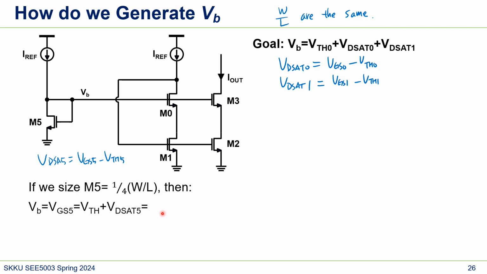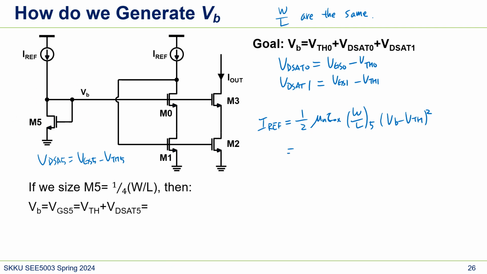And then we want to get this part. We will do some little calculation. So here IREF is 1/2 μn COX W/L, and this would be (VB minus VTH) squared. Let's assume VTH is all the same here.